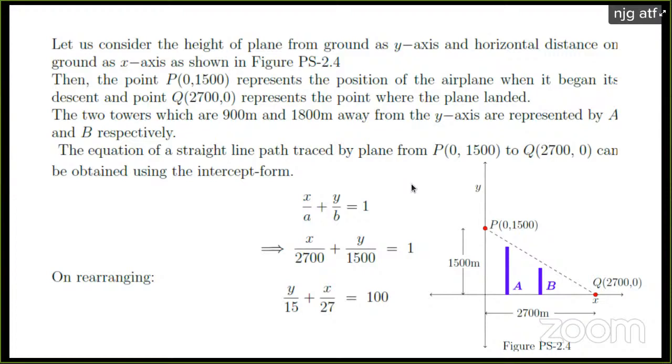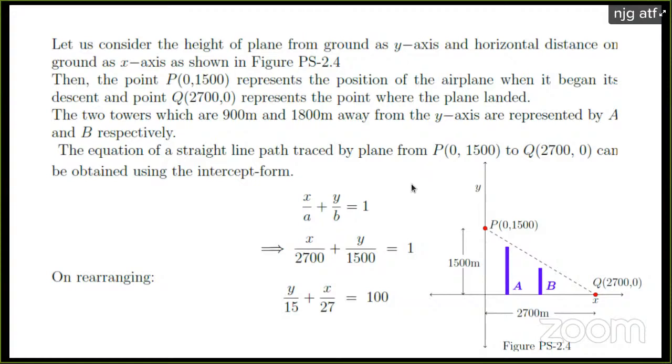That means the dotted line you are seeing is the plane's trajectory. If the height of these towers is above that line, the plane will crash into those towers, right? So the height of those towers should be lesser than the trajectory path.